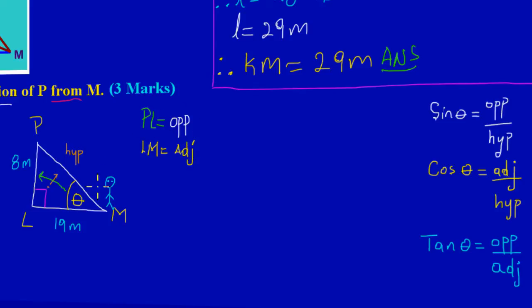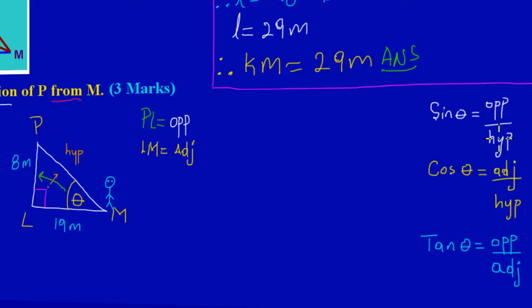Now basically, my friends, based on what we have established, I have the opposite side to my angle and I have the adjacent side to the angle where I'm standing. Now which trig ratio has this combination in it? So let's go through. We had made a note over here. I'm looking for the ratio that has opposite and adjacent.